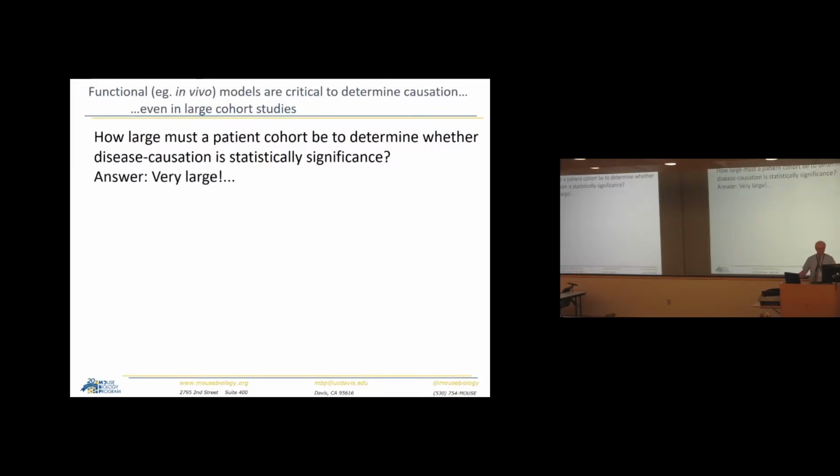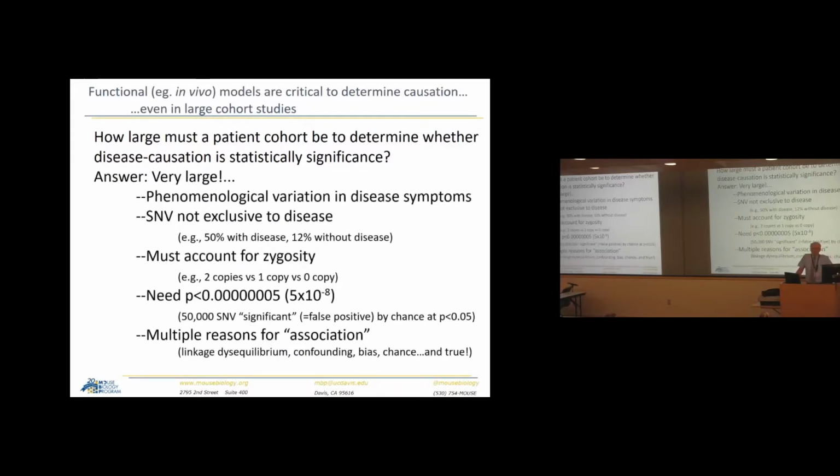The answer is it's got to be pretty big, because of all these reasons. There's quite a bit of phenomenological variation in disease symptoms, as you're all aware. VUSs or single nucleotide variants, SNPs, are not exclusive to disease. 50% may be associated with disease, 12% without disease in some studies. You have to account for the zygosity and the dominant or recessive nature of the gene product.